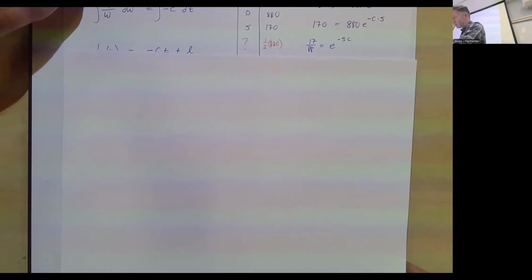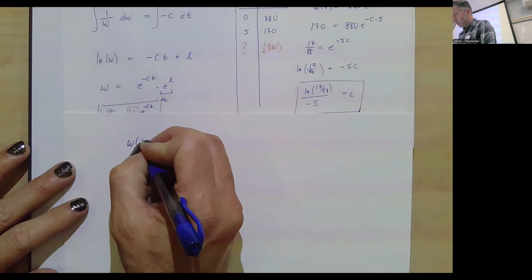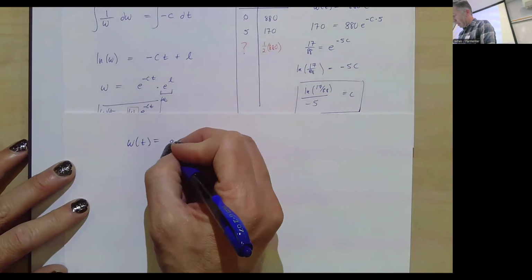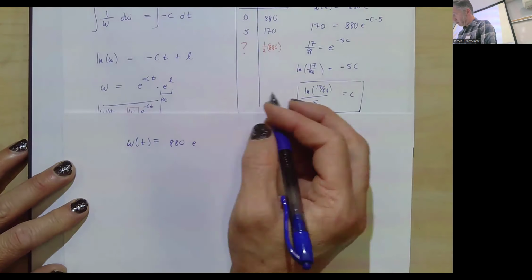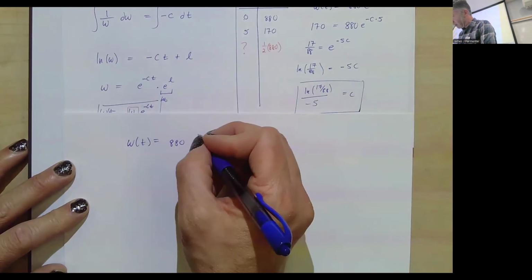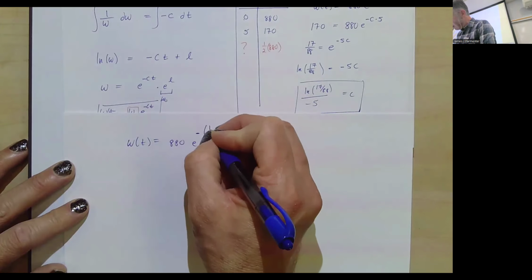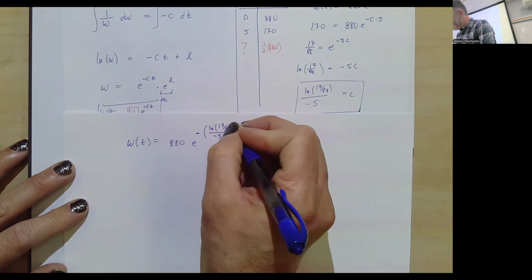If we're smart about this and just leave that as is, then when I take my equation, W of t equal to 880 e to the negative C, I'm really not a fan of this negative number part here. Negative natural log of 17 over 88 over negative 5.